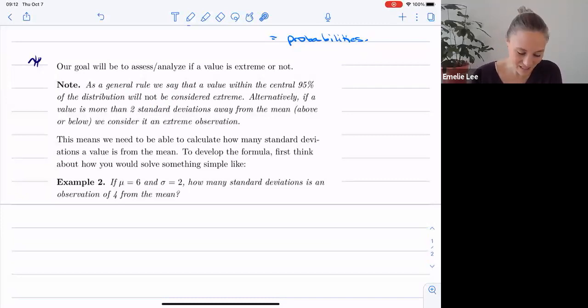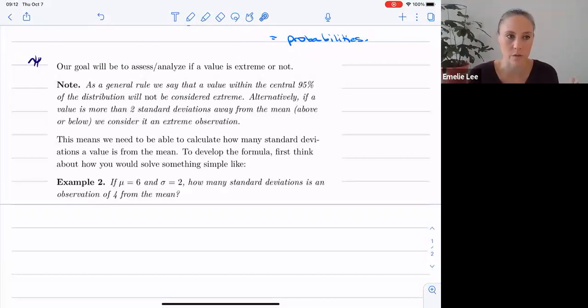Okay. So here, as a general rule, we're going to say that any value that's within the central 95% of the data, we're not going to be concerned about that. Those are allowed to happen, and we expect variability because we're talking about a variable, right? So we're expecting measurements or whatever to be different to some degree. And so we allow for data within the central 95% to just happen, right?